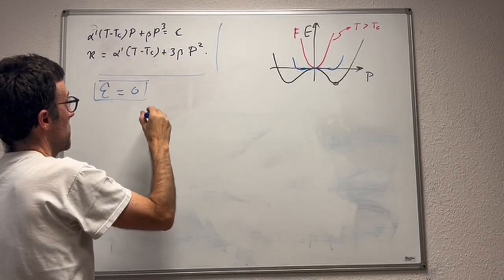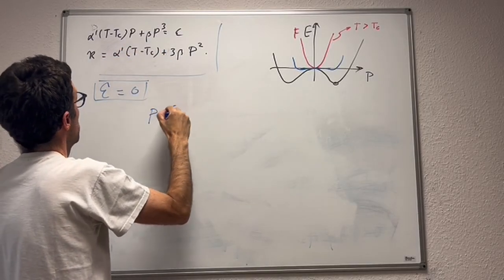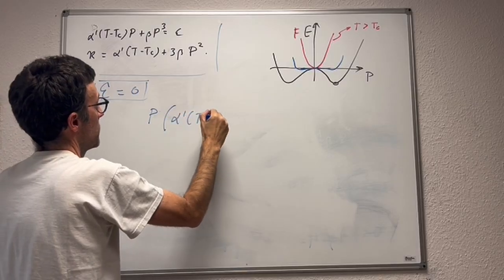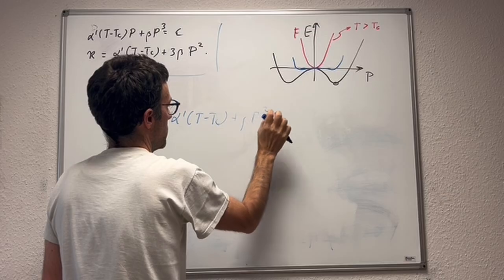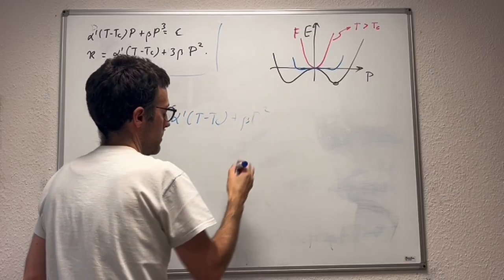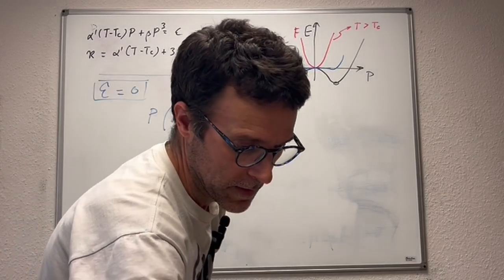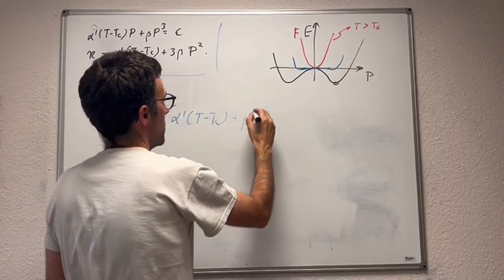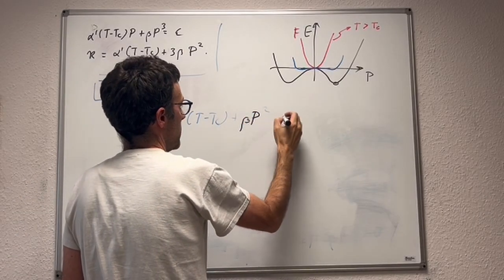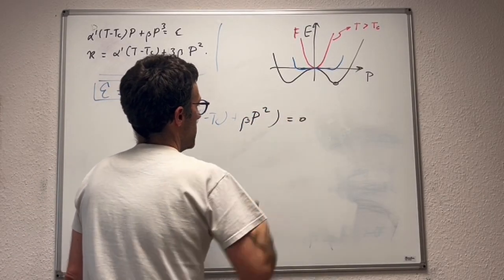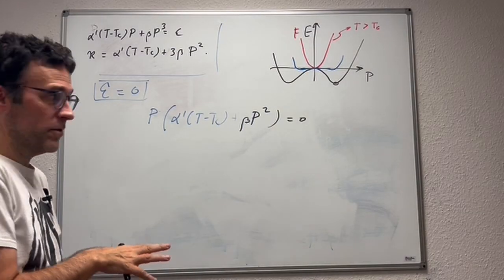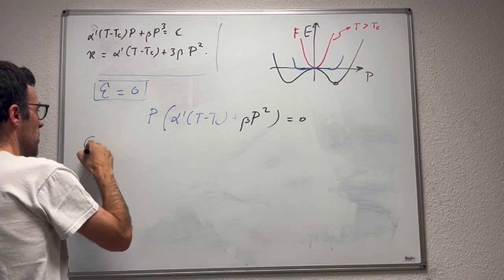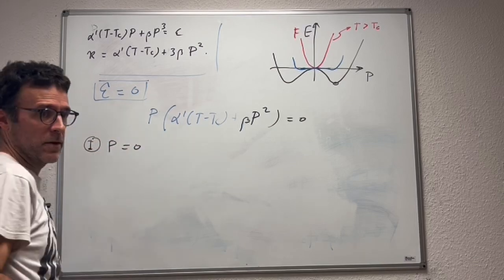I can take P as a common factor, and I have essentially P multiplying alpha prime (T minus Tc) plus beta P squared. This has to be 0. So obviously this has two solutions. Solution number 1 is P equal to 0.